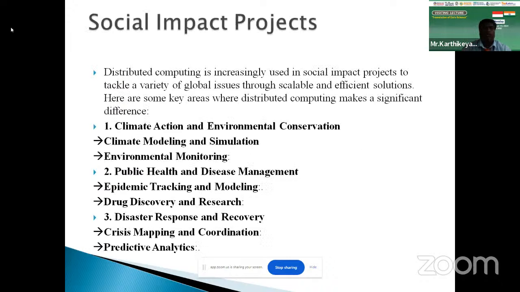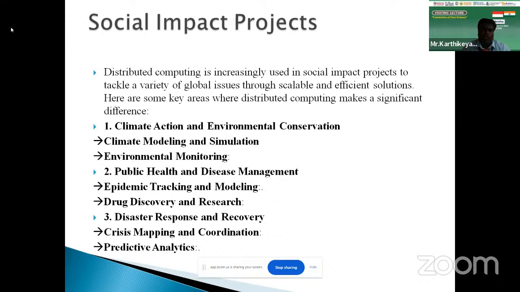And the last one, social impact projects. Distributed computing is increasingly used in a variety of global issues through scalable and efficient solutions. So it has the following: climate action and environmental conservation, which covers climate modeling and simulation concepts and environmental monitoring. Second one, public health and disease management, with epidemic tracking and modeling concepts, and drug discovery and research topics.